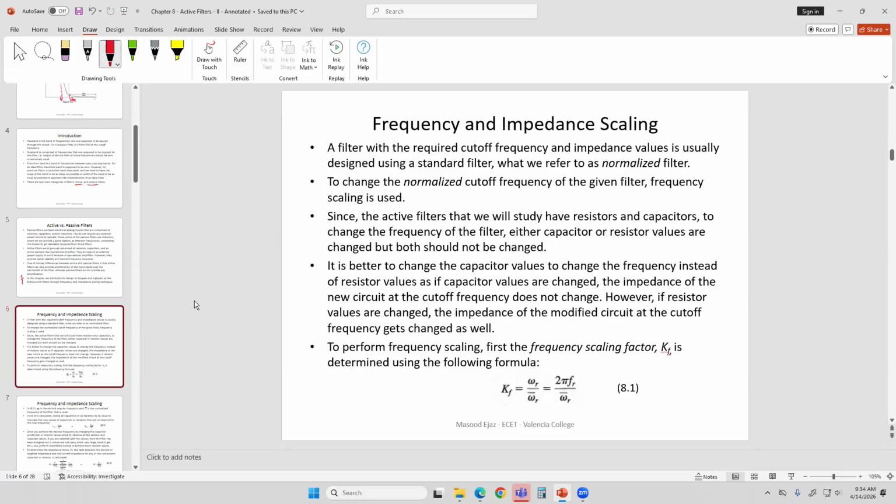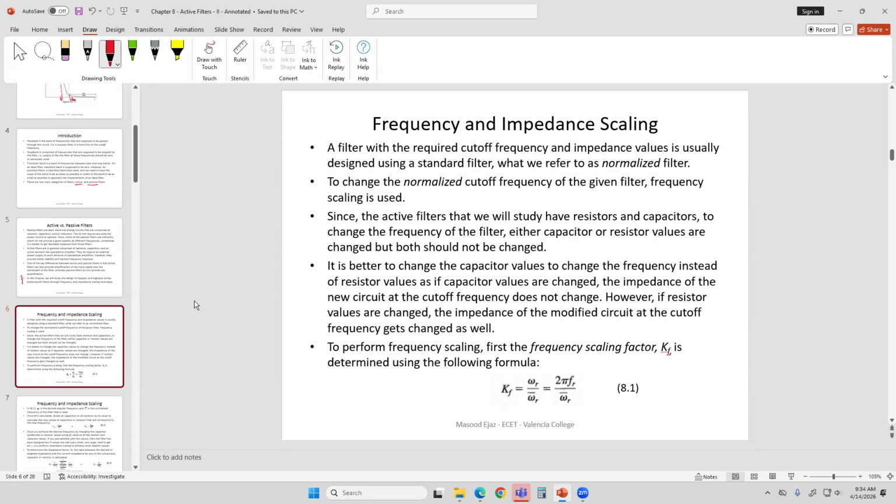Let's say if you have 1 ohm in the standard, this is too small. 1 ohm is going to produce a lot of noise, or we don't have 1 ohm. Then we have to change that 1 ohm into, let's say, 10 kilo ohm, because that's the one we have. So to do that, we have to perform impedance scaling. So there are 2 operations that you will have to do when you're designing a filter based on the normalized design or the reference design.